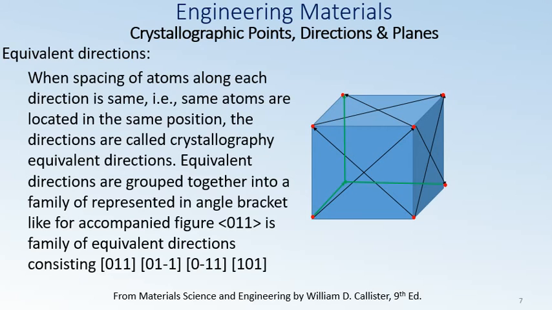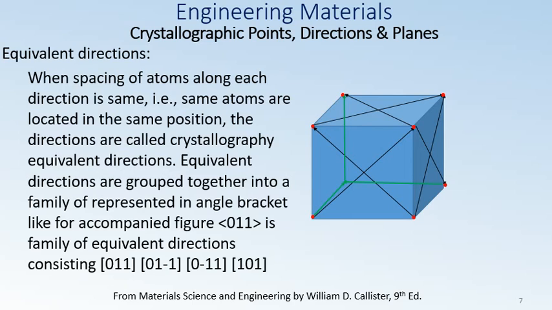If you see with respect to the vector directions or their drawings, one is towards the y-axis, one is towards the x-axis, but as long as these directions involve the same atoms in the same positions along any cube edge length or within the cube, these directions are referred to as a family of directions, and they are called equivalent directions.